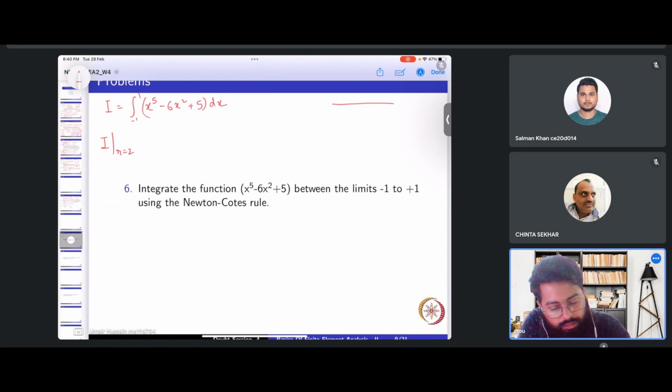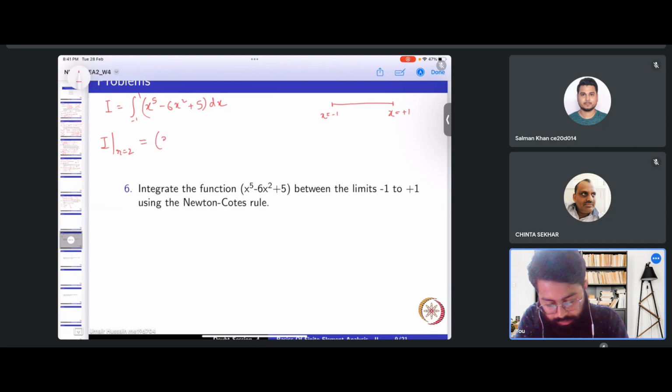So our integration domain varies from x equals to minus 1 to plus 1. So x equals to minus 1 and x equals to plus 1 would be our integration points. So what was the formula for Newton-Cotes rule?